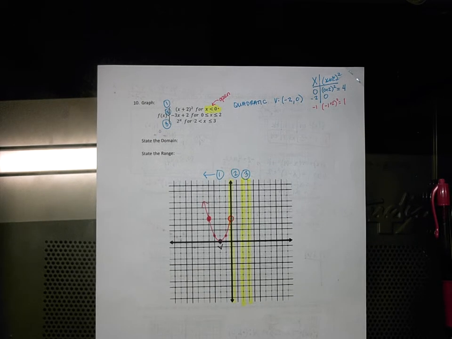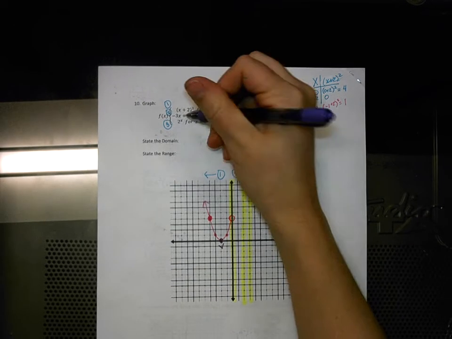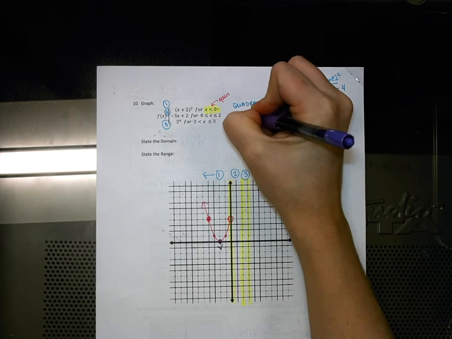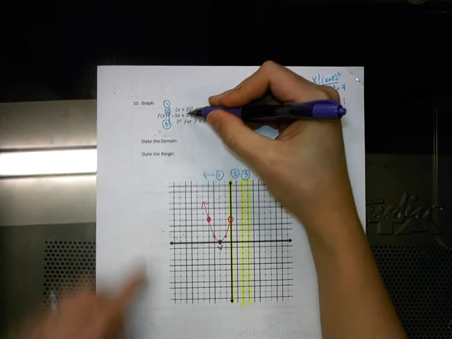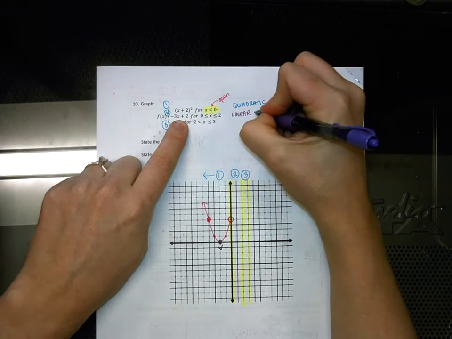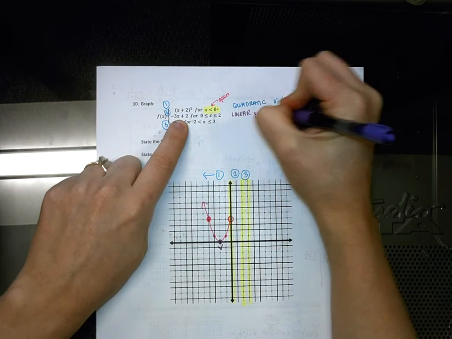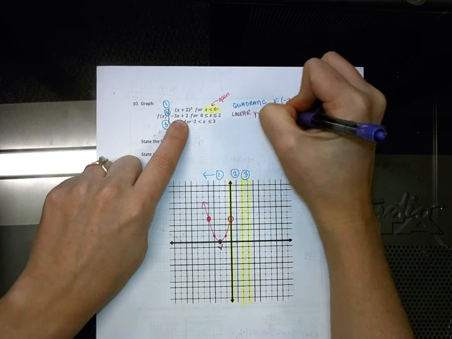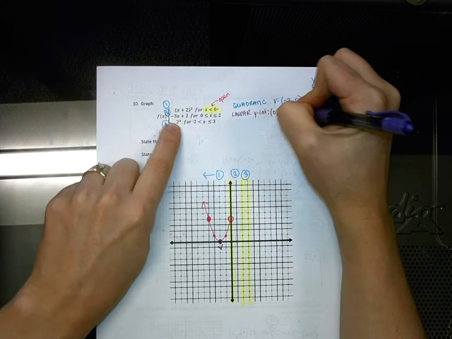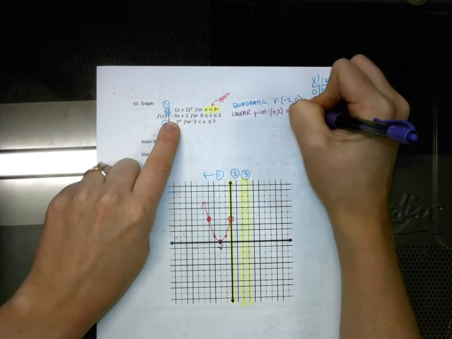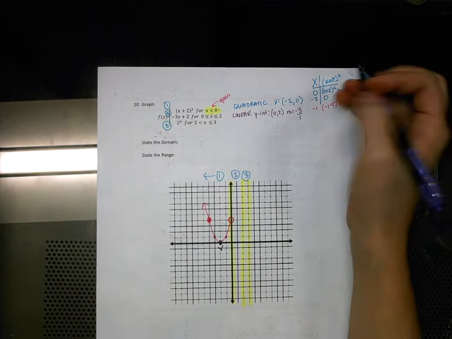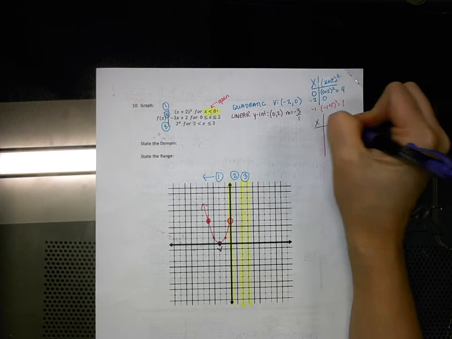Okay, for number 2, we have a linear function, which means I can use my y-intercept, which is +2, so (0, 2), and my slope, which is -3, or -3/1. Now I need to know whether or not that y-intercept is an open or closed point.